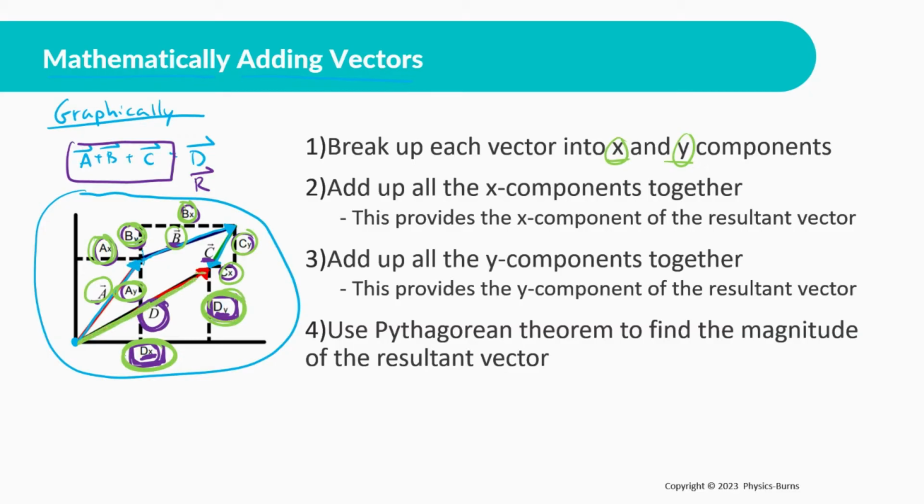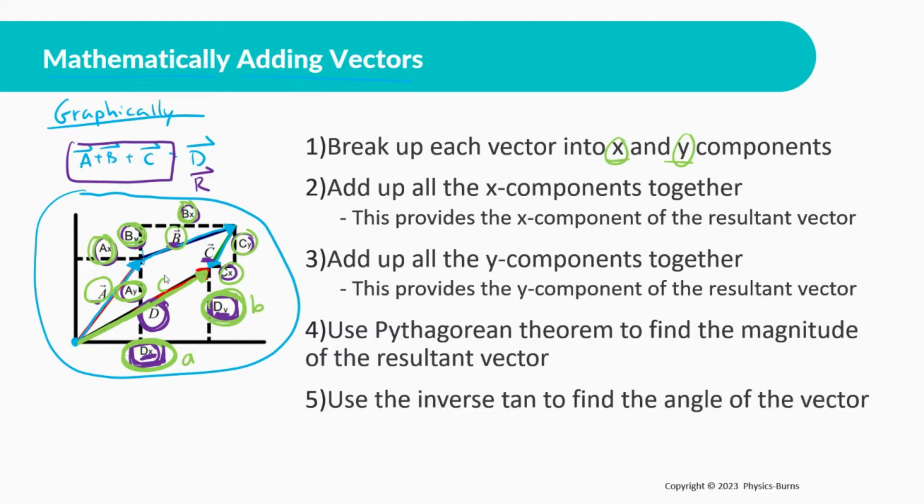We consider this A, this B, and this C, the resultant vector. And then we can use the inverse tan to find the angle, knowing the resultant vector in the y and in the x.